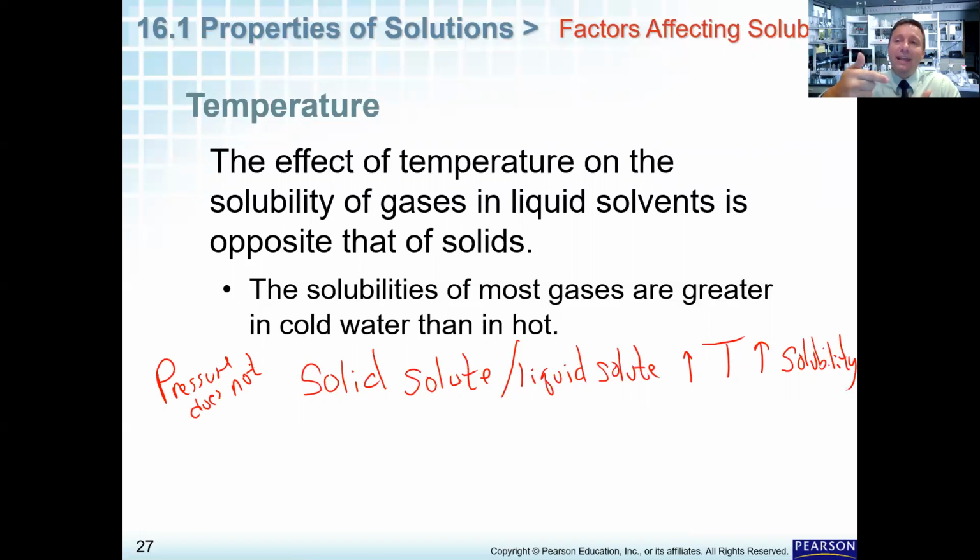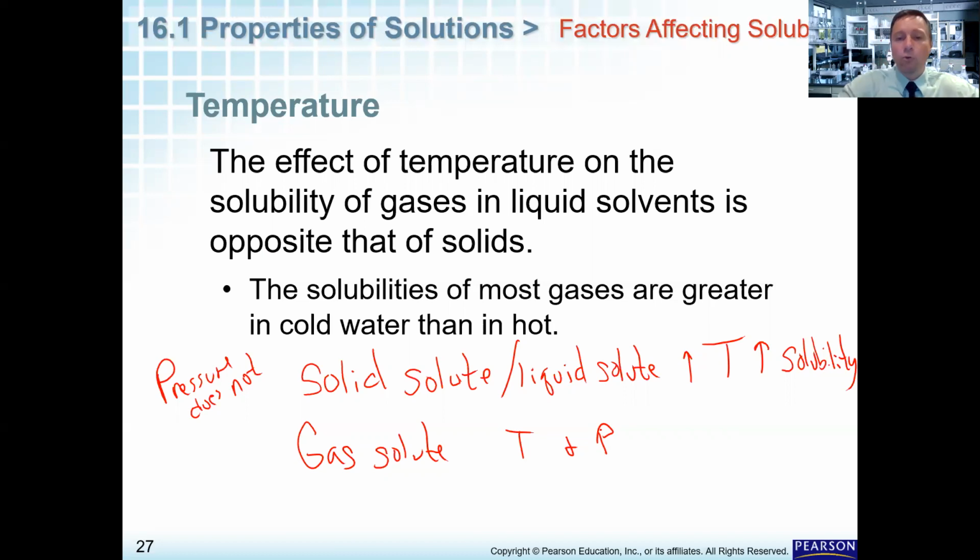It doesn't affect anything inside that liquid unless it's a gas, and that's the key point here. So a gas solute is affected by temperature and by pressure. So the solubility of a gas in a liquid solvent is affected by both temperature and pressure.